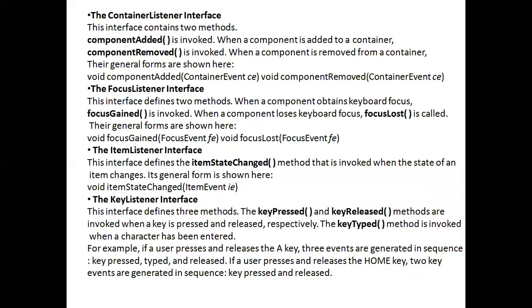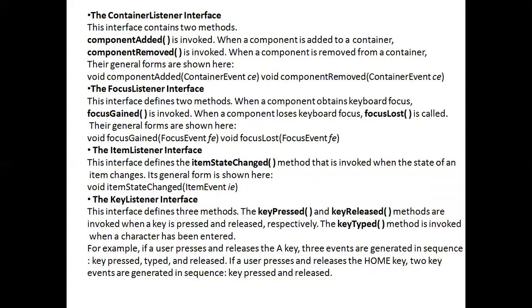KeyListener interface. This interface defines three methods. The keyPressed and keyReleased methods are invoked when a key is pressed and released respectively. The keyTyped method is invoked when a character has been entered. Key events are generated in sequence: key pressed, typed, and released.